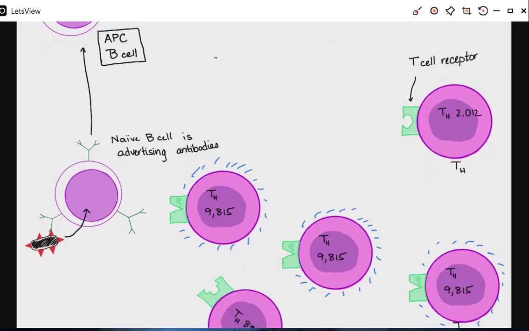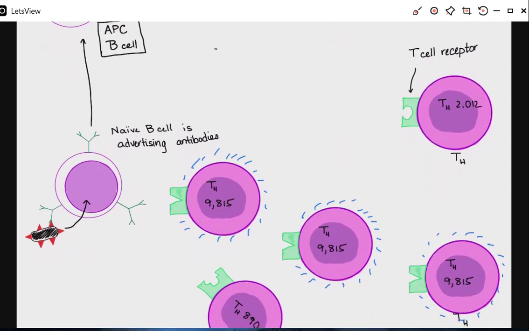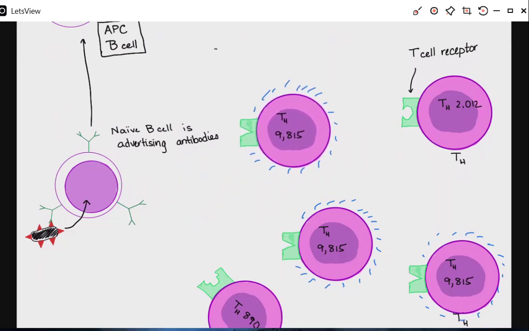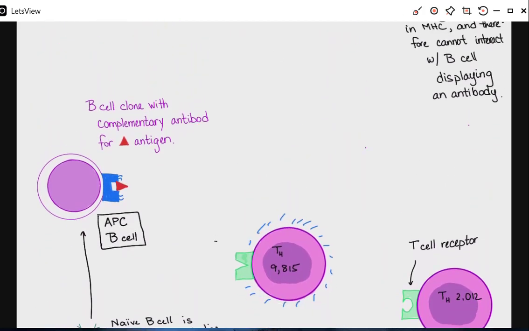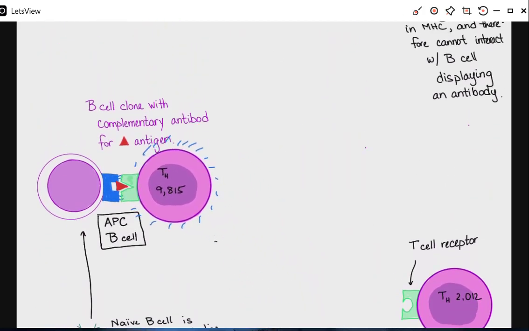So the helper T cells, when they go from lymph node to lymph node looking for the B cells, are going to ignore all the naive ones and are only going to want to interact with antigen presenting ones. So now what we have is a B cell that is activated by a helper T cell.